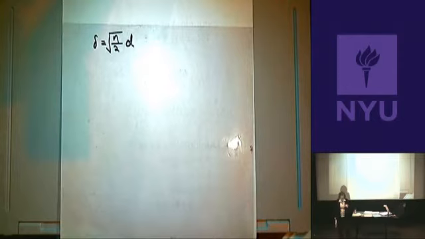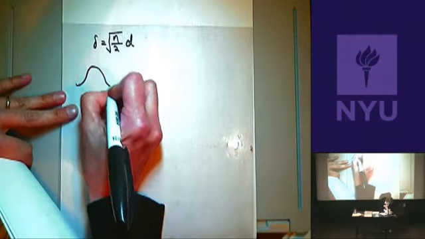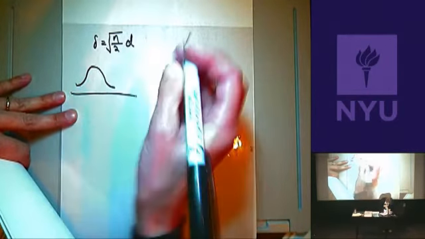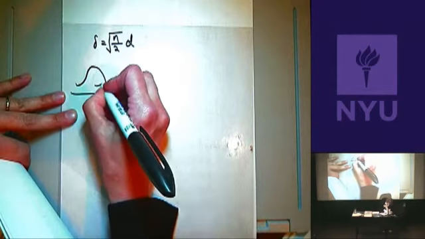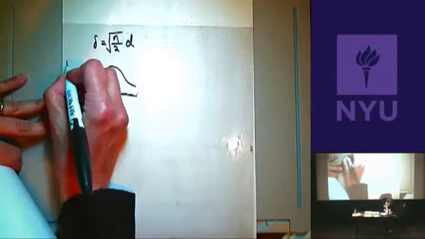Assuming your effect size stays the same, what happens to delta? Delta increases as well. As delta increases, what happens to power? This is important. This is exactly what you've got to get in your heads. Power increases too.